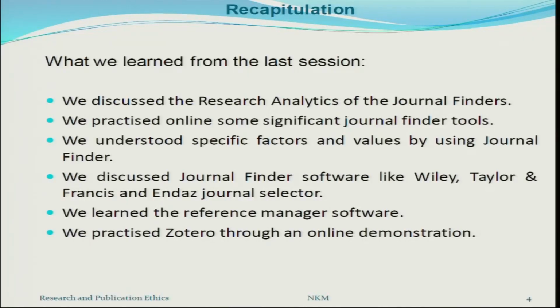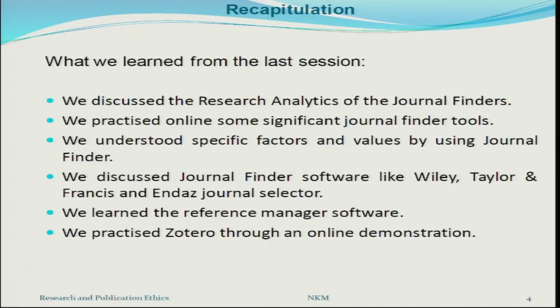We understood specific factors and values by using journal finders. We discussed journal finder software in the last discussion like Wiley Online, Tiller and Francis, and Indaz Journal Selector Services. Journal finders, as we observed, play an important role in giving direction to find a standard quality journal.